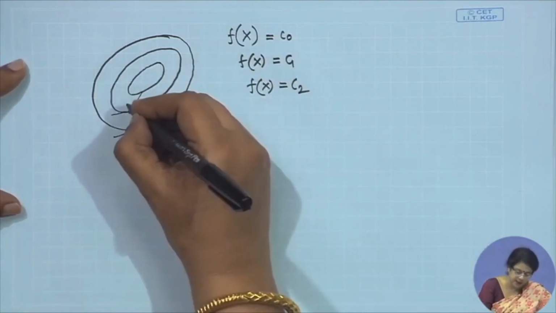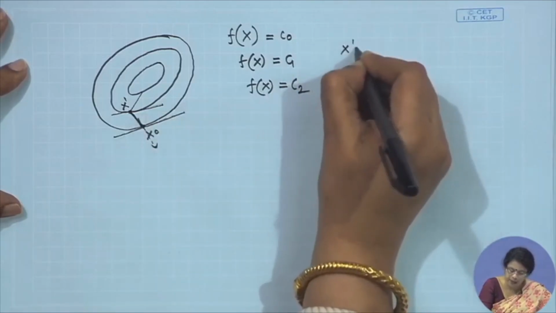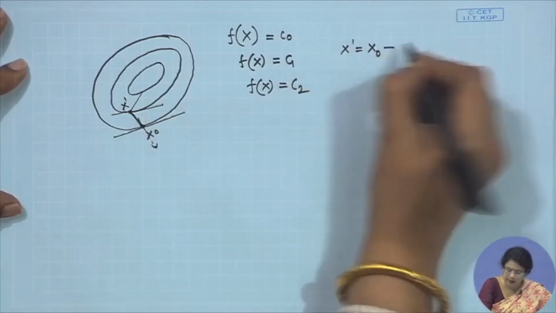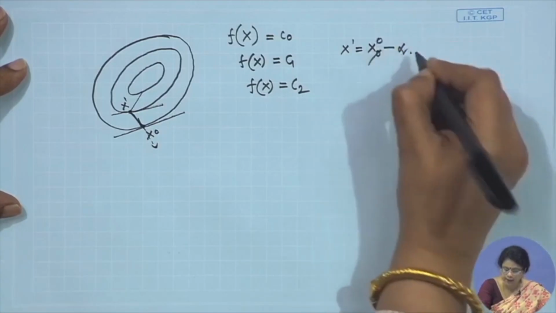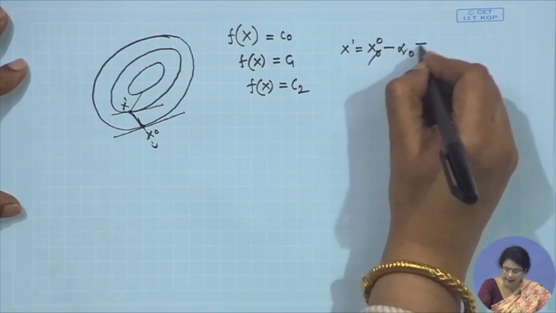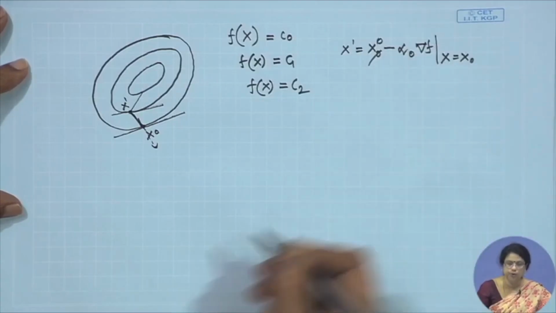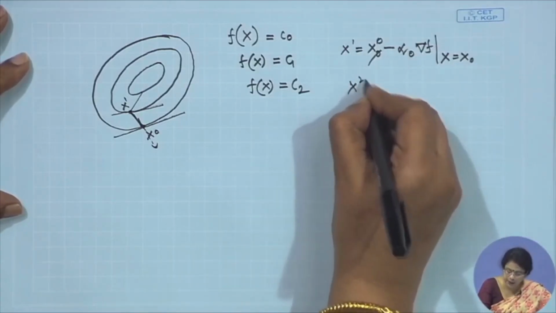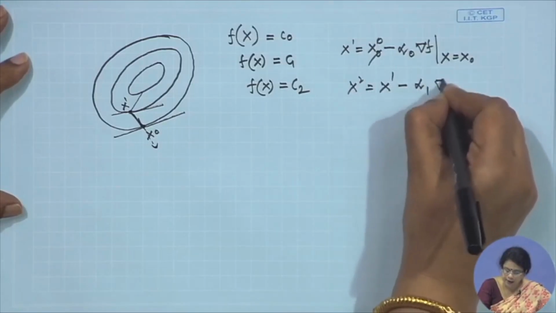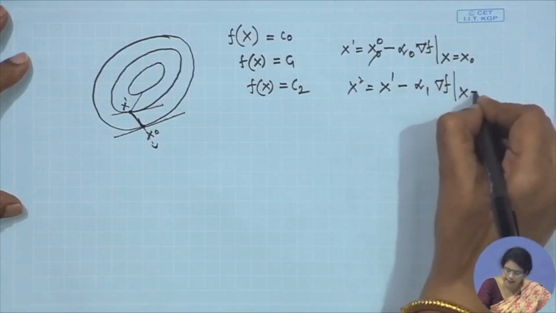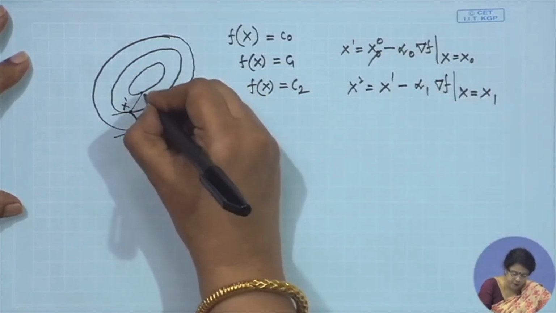That is why x naught will move to x1, where x1 is equal to x naught minus alpha naught times the gradient of f at x equal to x naught. Then x2 is equal to x1 minus alpha 1 times the gradient of f at x equal to x1. Then we will move to x2.